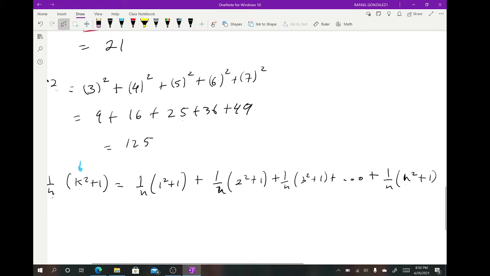Now, you could simplify this a little bit more, but I'll keep it that way because it will be useful in the future. But you could say that this sum is equal to 1 over n times n squared plus 1. Well, no, I'm lying.